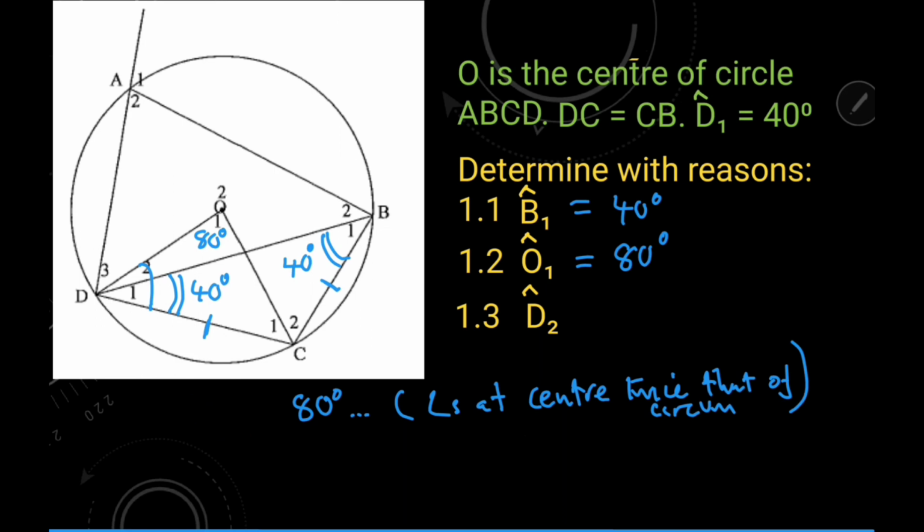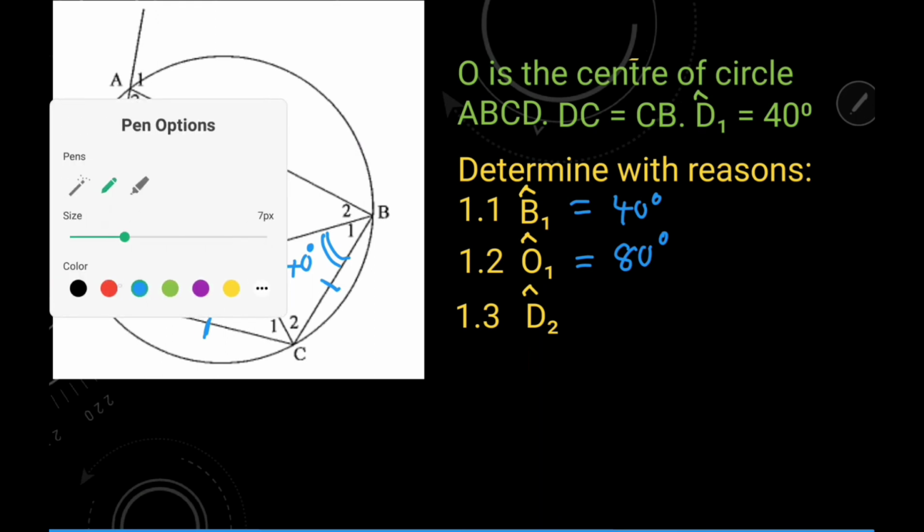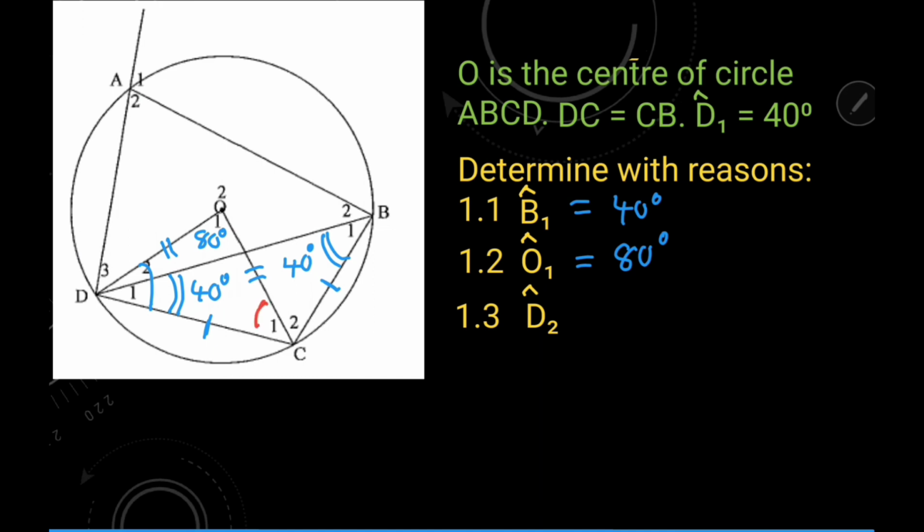So normally when you have a center O given and there are triangles involved that are being drawn from the center, with the sides from the center, usually you get isosceles triangles there. If you look at it, OD is equal to OC. So which means the base angles that are going to be formed in those two triangles are also going to be equal.